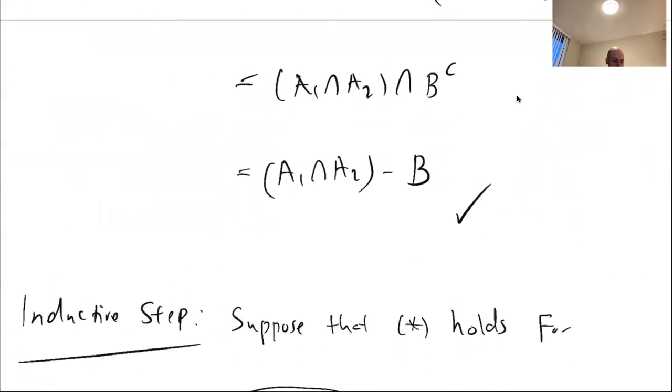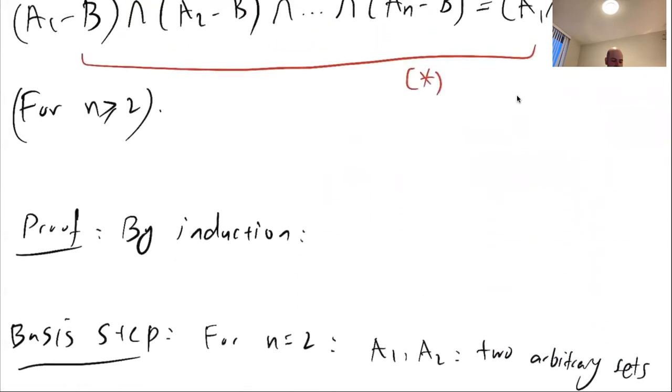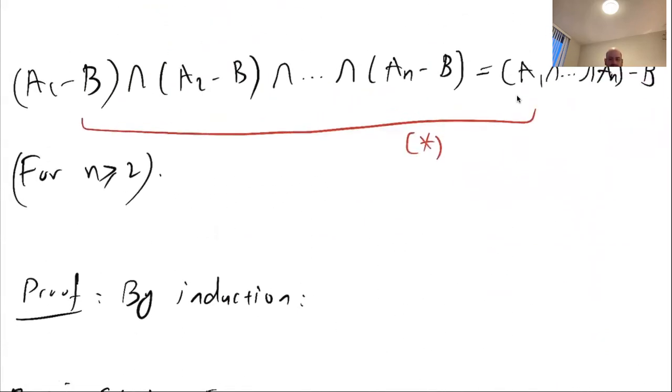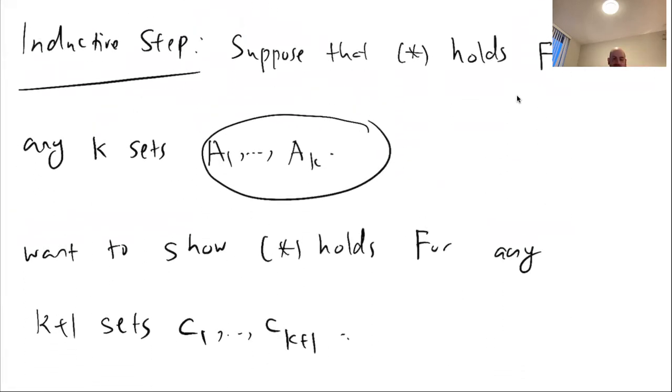And then in the inductive step, we have to assume that the same equality holds for k arbitrary sets, and then show that it holds for k plus 1 arbitrary sets. So again, the induction hypothesis is on the number of sets. How many sets do I have?